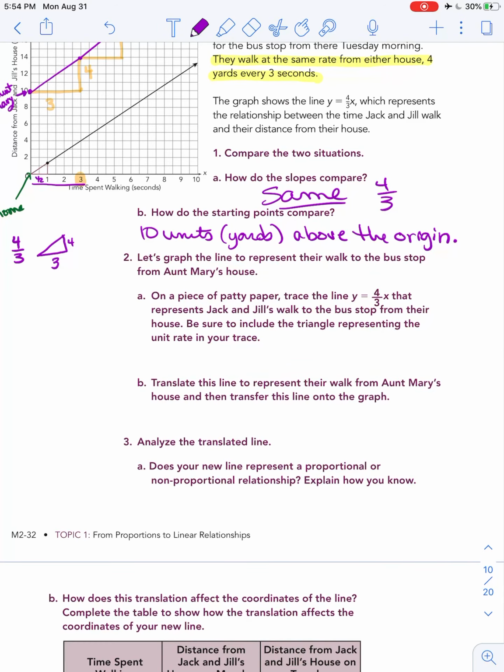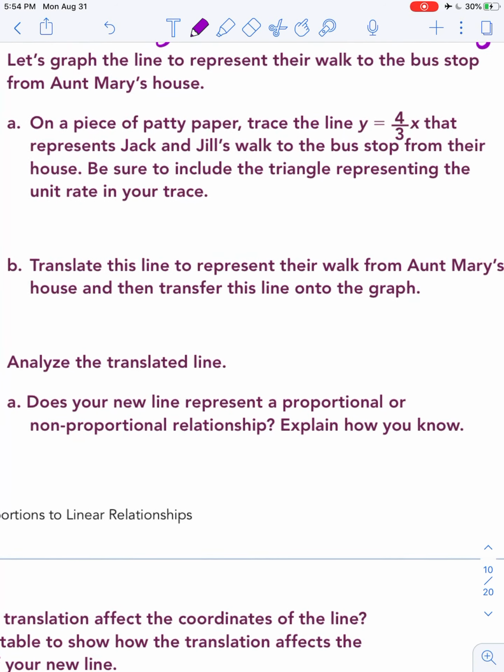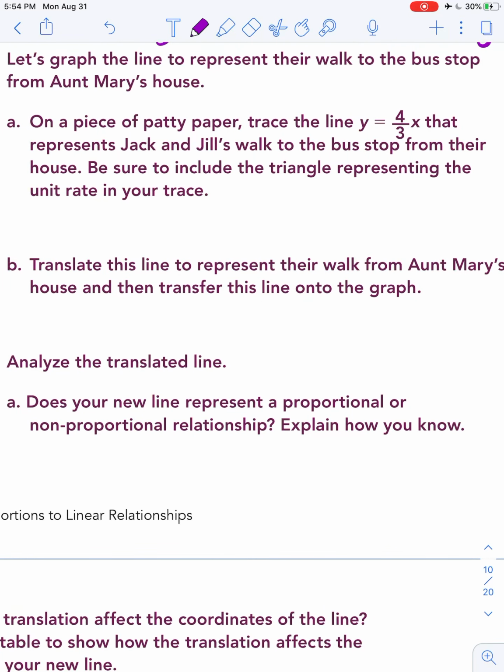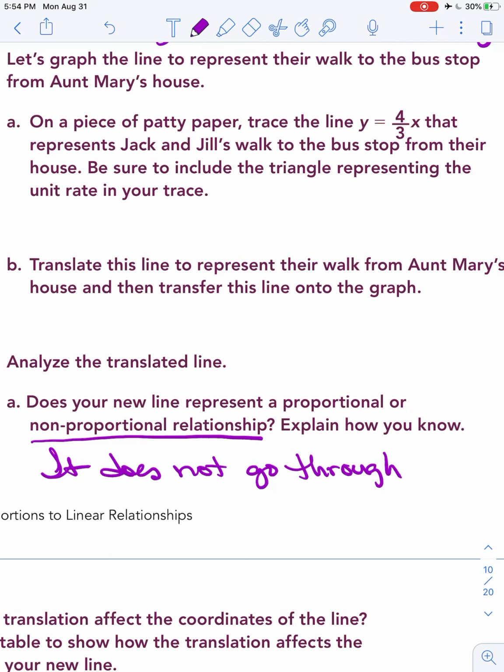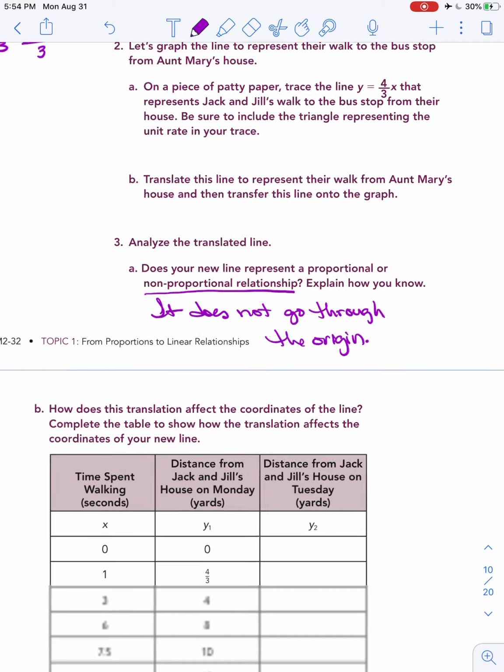Now the question down here is, is this new line proportional or not proportional? Well, proportional means it goes through the origin. So this is not a proportional line because it does not go through the origin. Now, it is a constant rate of change, that's good, but it does not go through the origin.